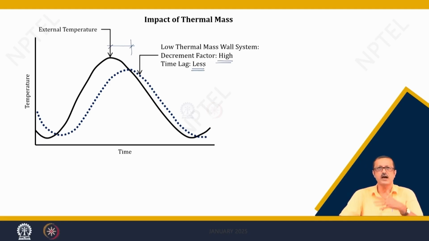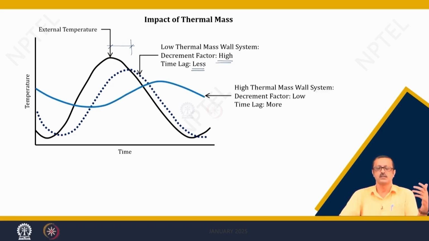Whereas, if some other room, some other space, has some other kind of wall, maybe the same material with high thickness, or maybe the same thickness with a high thermal mass material, then we will see that the indoor temperature will be much lower, the peak is much lower, and there is a phase difference.